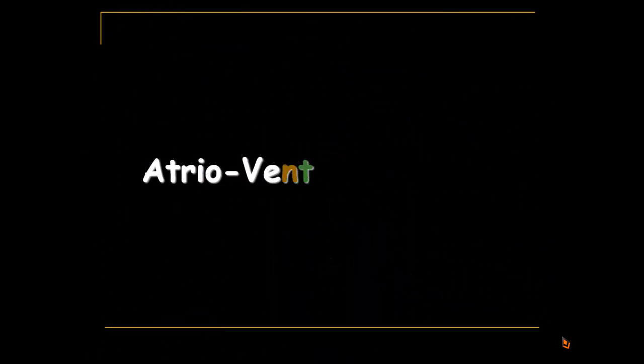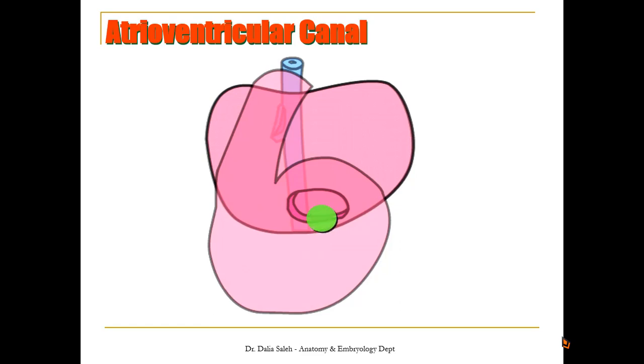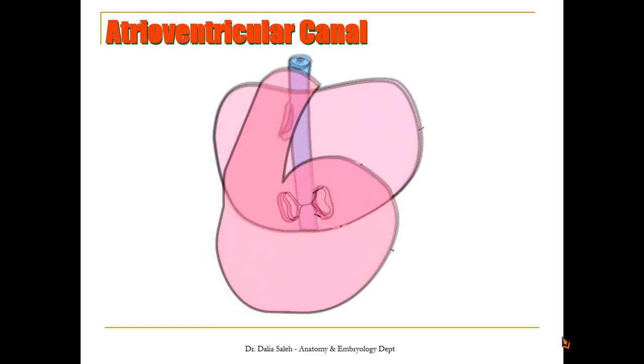Now, let's talk about the division of the atrioventricular canal. Remember that we have two cushions, inferior and superior endocardial cushions, that appear at the wall of the AV canal. These cushions will grow towards each other and meet in the middle and form the septum intermedium.